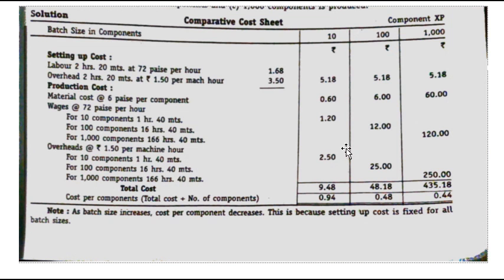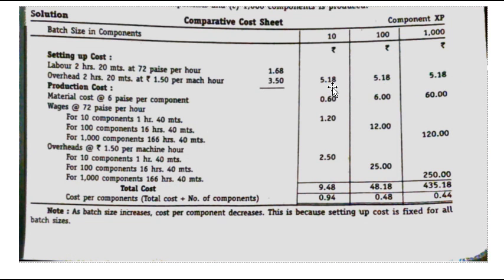That is what is shown in the calculation here. So overhead for 2 hours 20 minutes at rupees 1.50 per machine hour is 3.50. For 10 components, if you add 1.68 and 3.50, you will get 5.18. 5.18 is fixed for all the components.